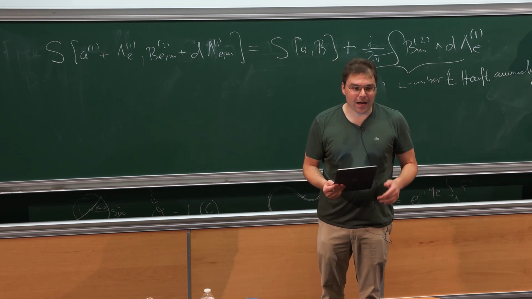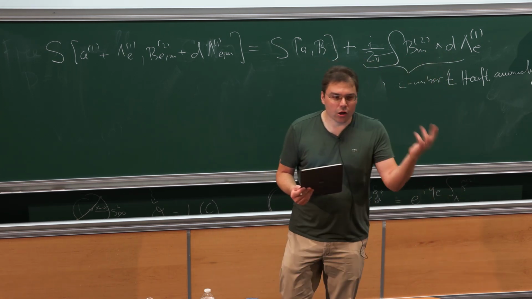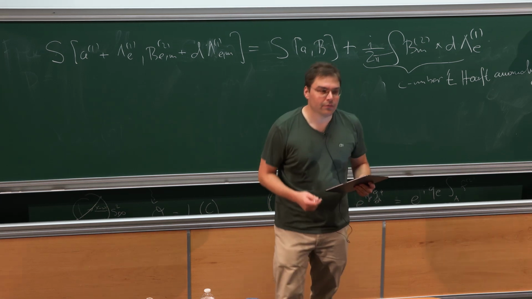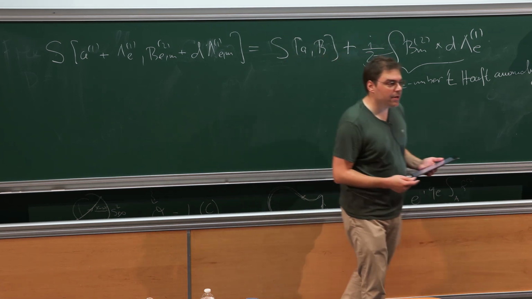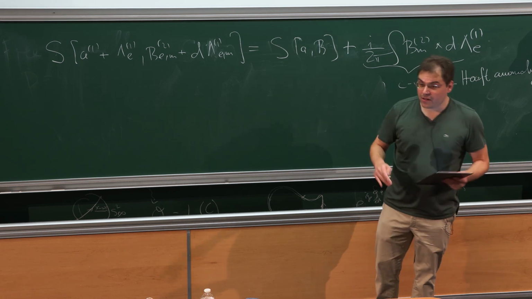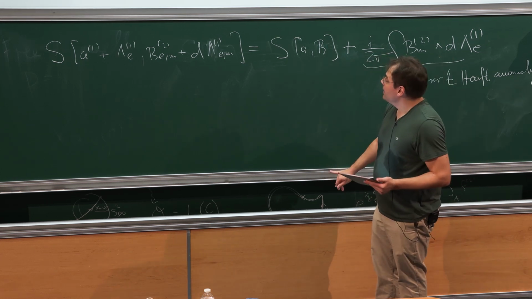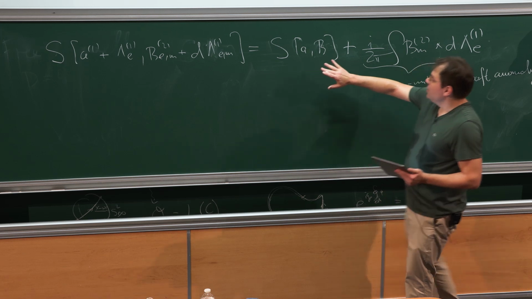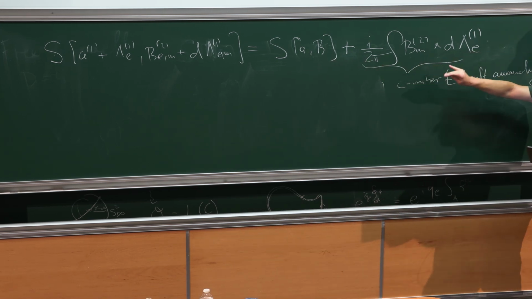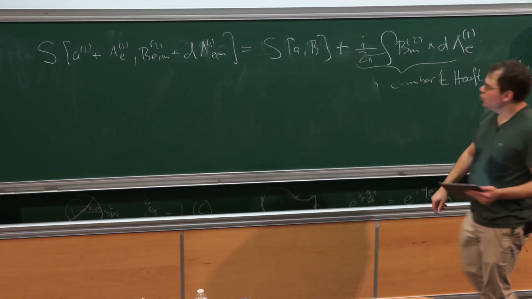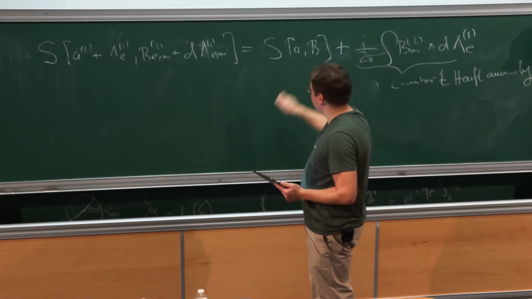These anomaly inflow actions are very closely related to the kind of invertible phases that Max was talking about yesterday. In some contexts, they're exactly the same. And the notion of an anomaly inflow action also generalizes very nicely to two-form symmetries and to two-form background fields.